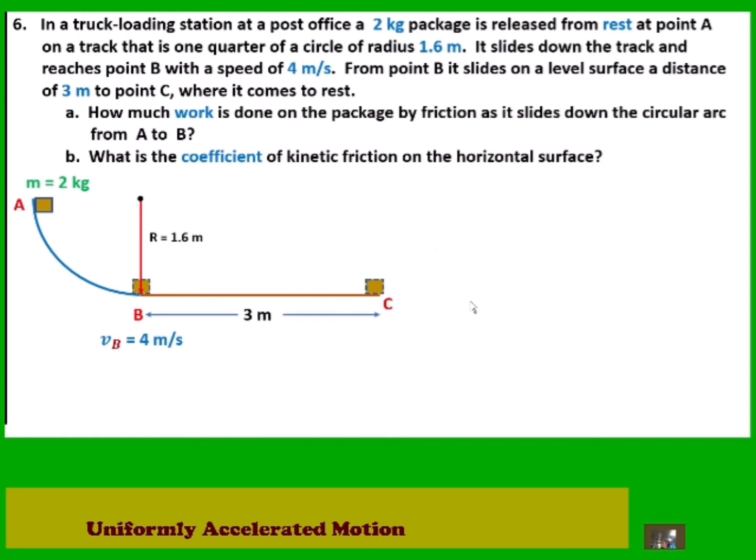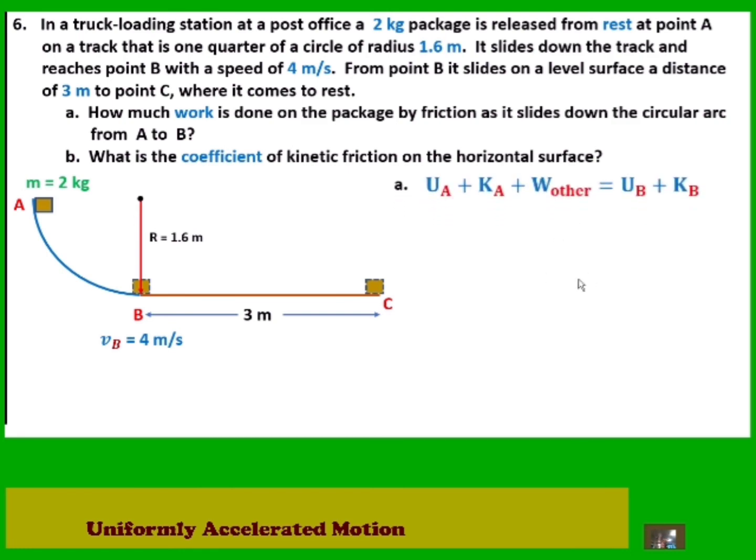Okay, so here is our problem. This is a package from point A, slides down to point B of this quarter of a circle. From point B, it slides to point C, a distance of 3 meters, and it comes to rest.